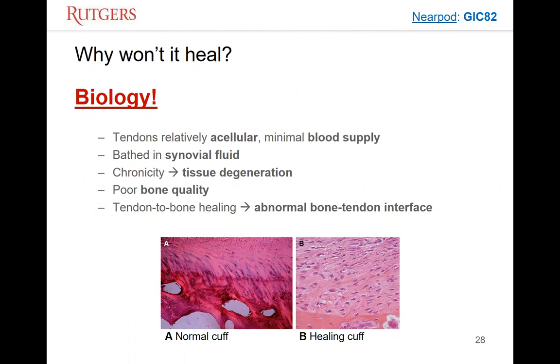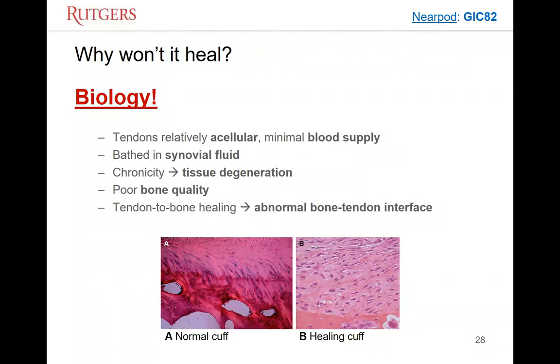So first of all, tendons in general have a low potential for healing compared to other tissues in the body. They're relatively acellular and avascular. While the intact rotator cuff does not come into direct contact with the glenohumeral joint due to the capsule, the torn rotator cuff becomes bathed in synovial fluid, which further limits healing. In addition, cuff tears frequently go untreated for years prior to surgery.